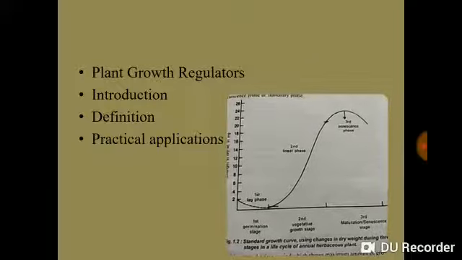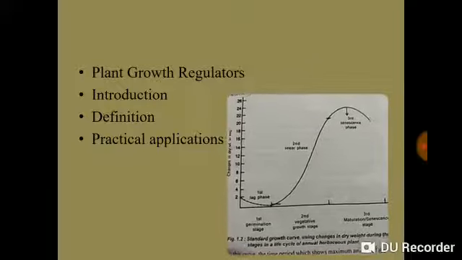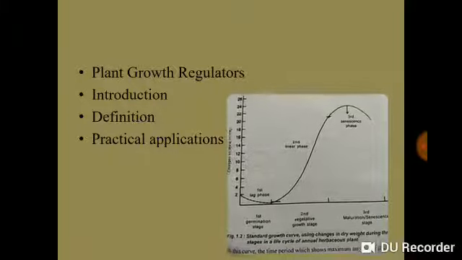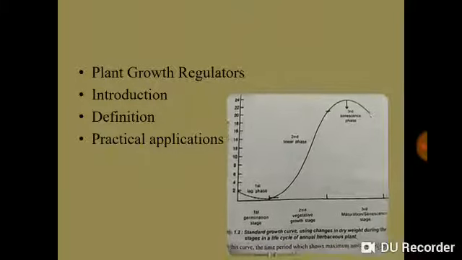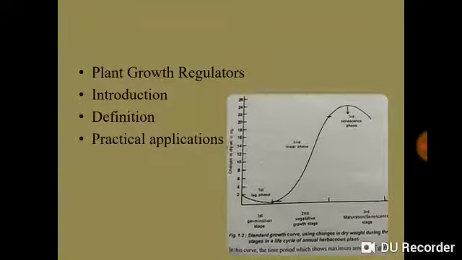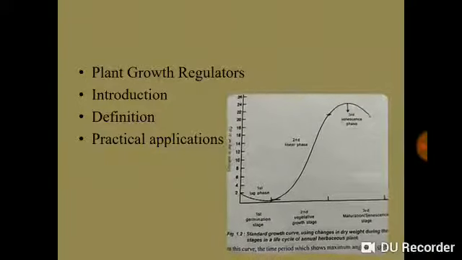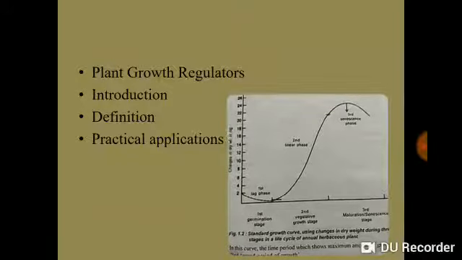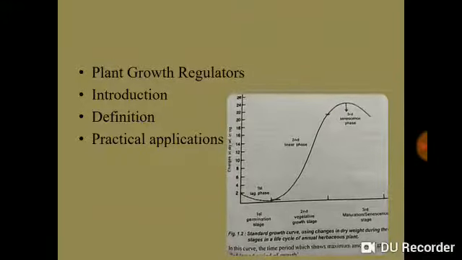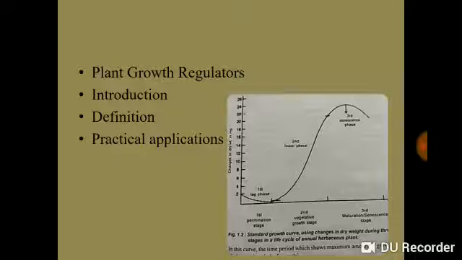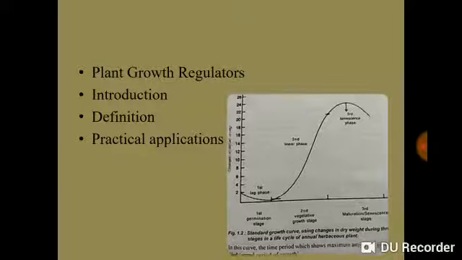Growth data can use parameters like length, size, area, volume or dry weight. Such growth indicates that a plant, organ or cell passes through different phases, and during these phases there is a distinct difference in the rate of growth.